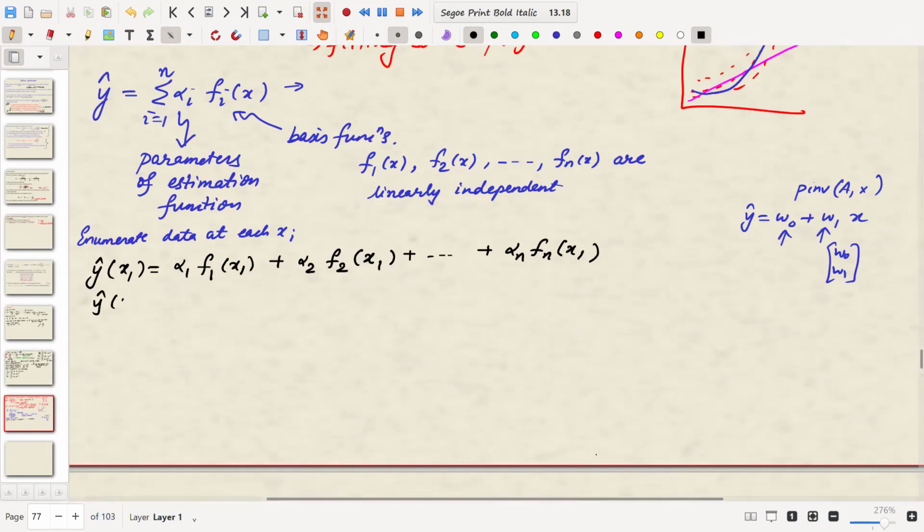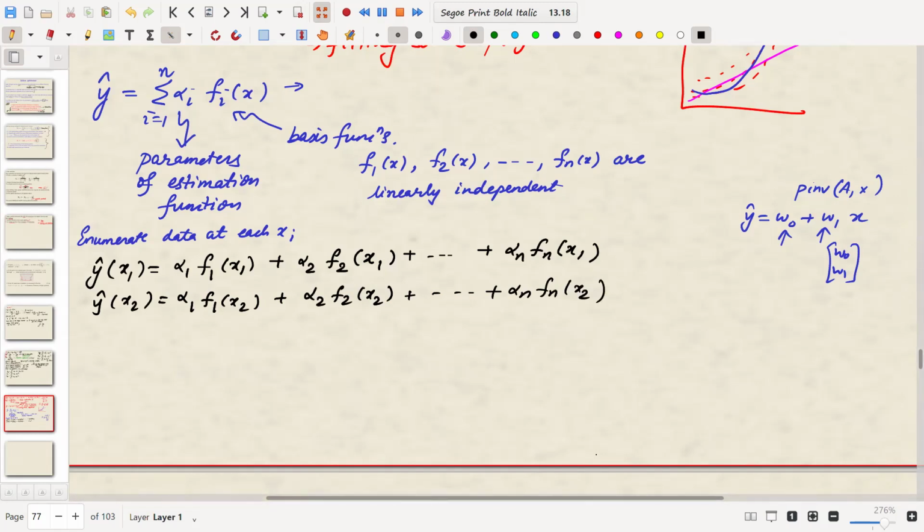What is y cap at x2? Alpha 1 f1(x2) plus alpha 2 f2(x2), and so on.